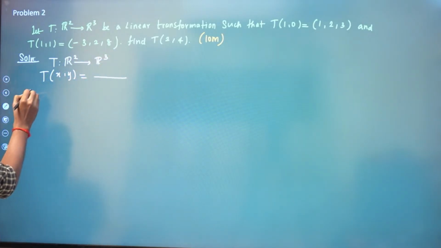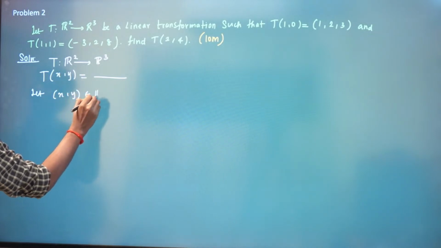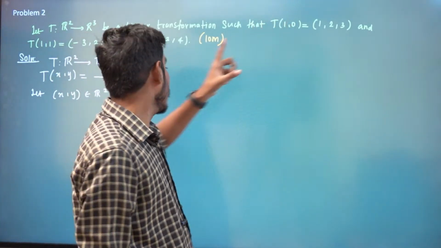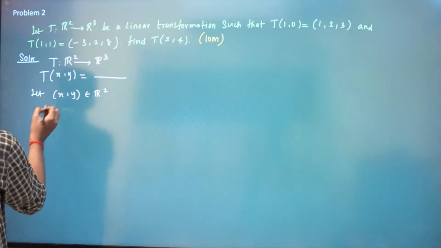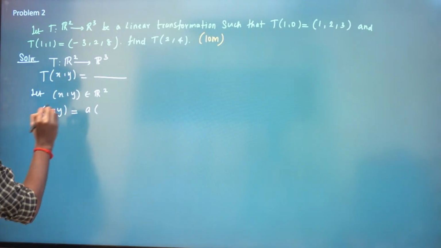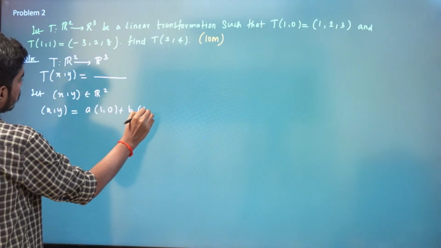Let us take a vector (x, y) in the domain. Here you can see the basis vectors are (1, 0) and (1, 1). Then this (x, y) can be written as a times (1, 0) plus b times (1, 1).